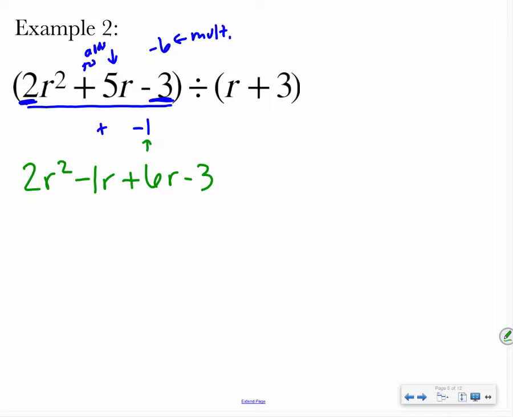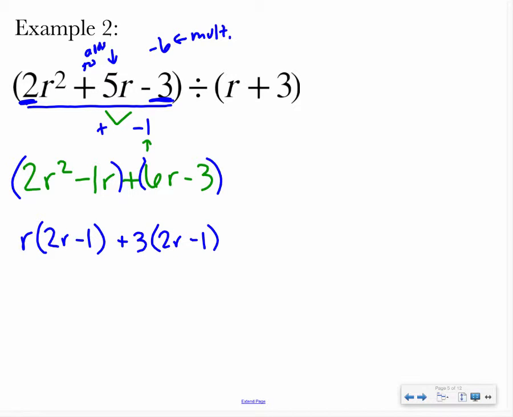Remember, we broke up that middle term into two different numbers. Now we can group them, and if we group them like this, we can pull an r out of the first one. We're left with 2r minus 1, and we can pull a 3 out of the second one, and we're left with 2r minus 1.